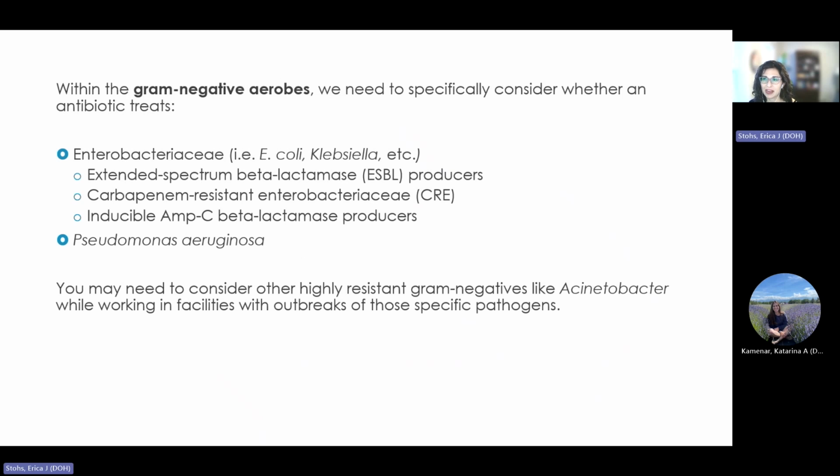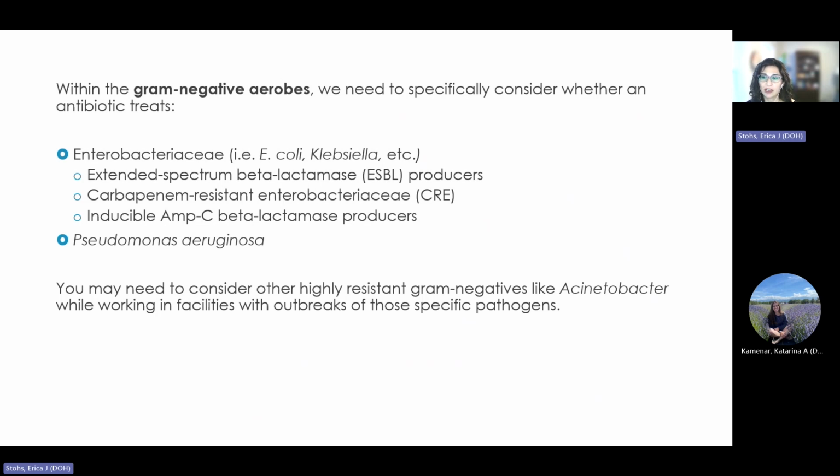When we talk about gram-negative aerobes, we can really divide these probably into 2 categories. One is Enterobacteriaceae, and that is referring to bacteria that commonly live in the gut or in the intestines. Some examples are E. coli, Klebsiella, and these can be further categorized based on some resistance mechanisms they may carry. And if you're an infection preventionist, these are going to be important ones that you've heard about.